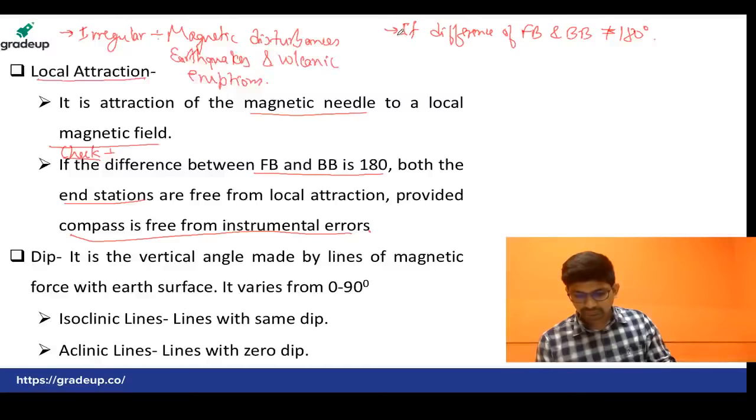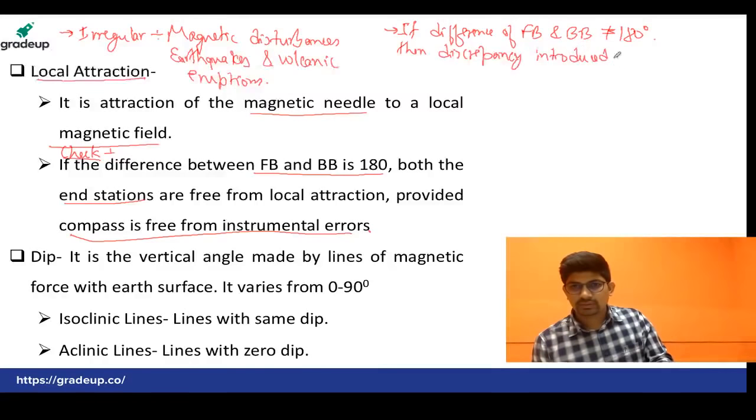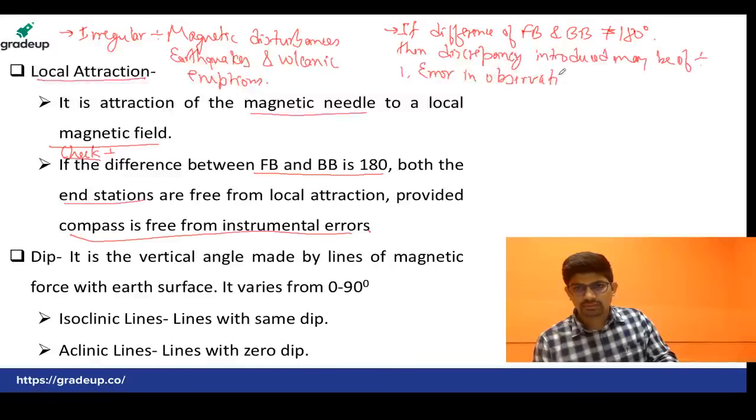Then this discrepancy or error introduced may be, first, an error in observation of either fore bearing or back bearing or both.